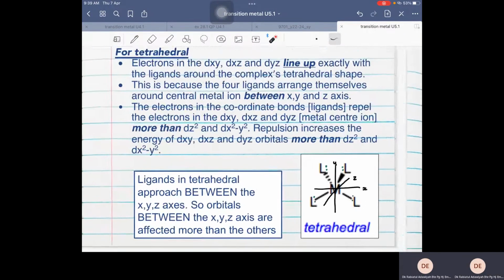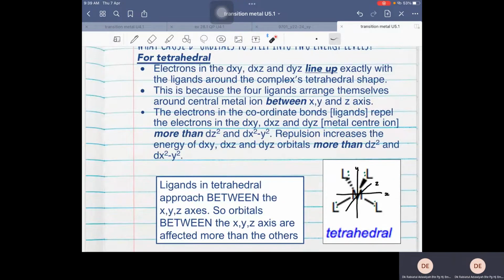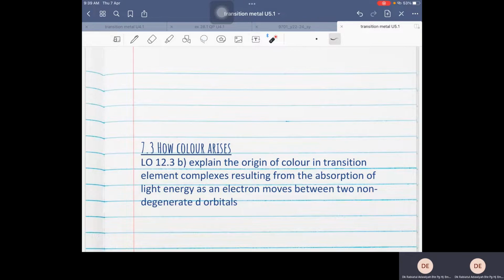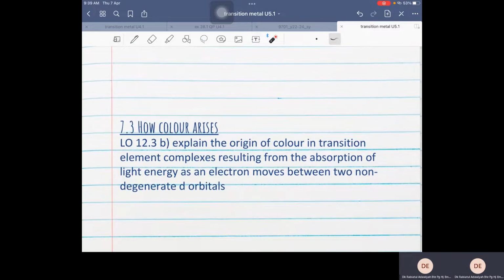Okay, that's only the introduction to why transition metals are colored. The next learning objective that we want to see is: explain the origin of color in transition element complexes resulting from the absorption of light energy as an electron moves between 2 non-degenerate orbitals.